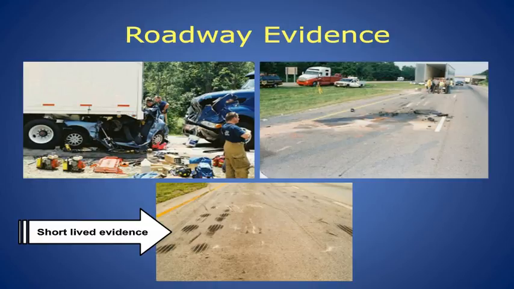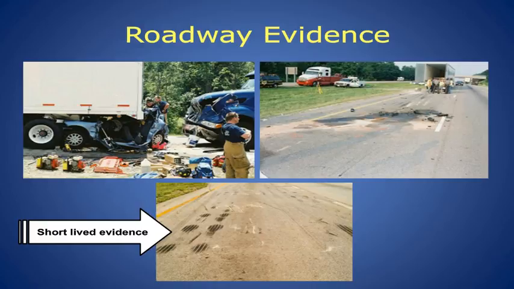So I talked about earlier short-lived and long-lived evidence. We have a commercial vehicle crash in the top left picture where unfortunately a passenger car got in between them. Needless to say, you're going to find a lot of roadway evidence at a scene like that. So after they've cleared the scene, you see we have fluid, we have debris, we have tire marks, we have all kinds of stuff on the roadway.